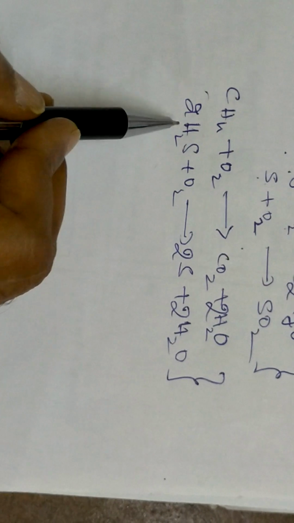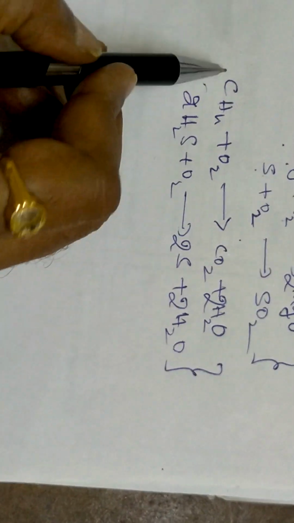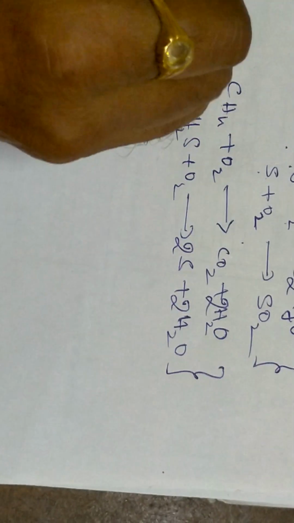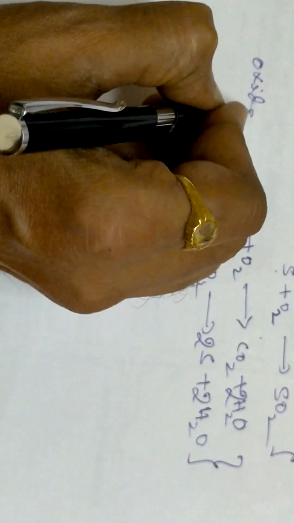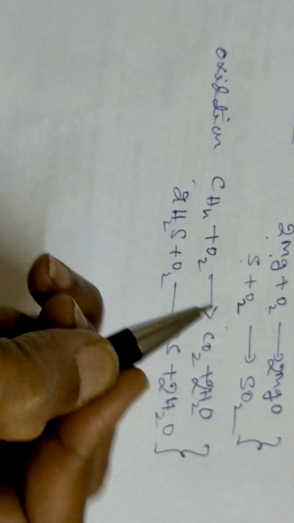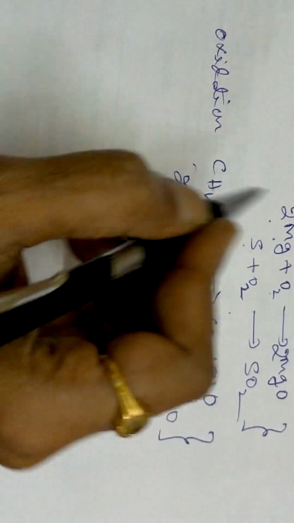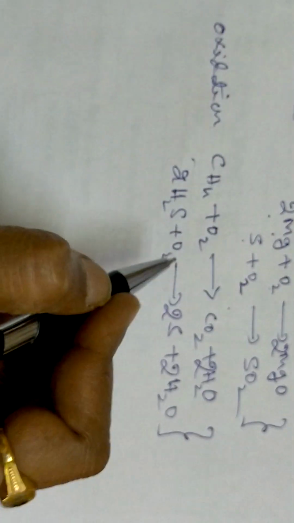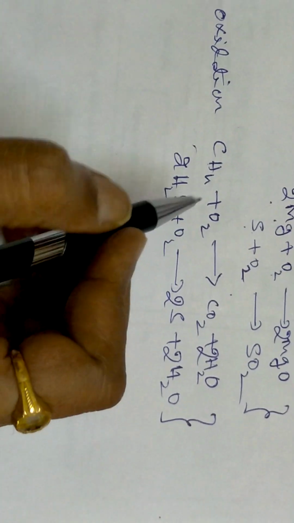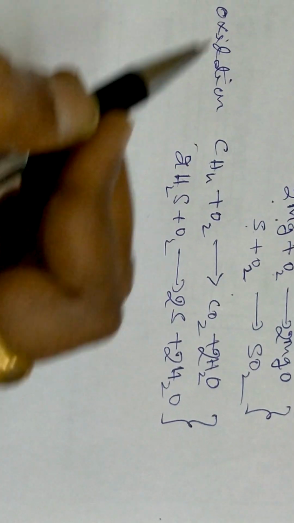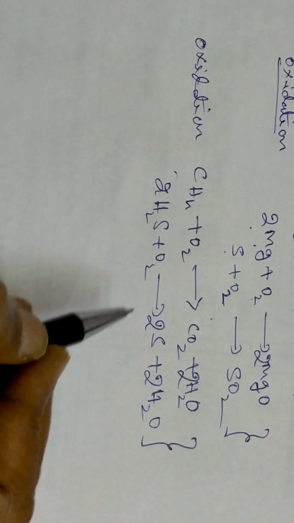From here hydrogen is removed, from here hydrogen is removed, and oxygen is added. So the next oxidation definition is modified as either addition of oxygen or removal of hydrogen.